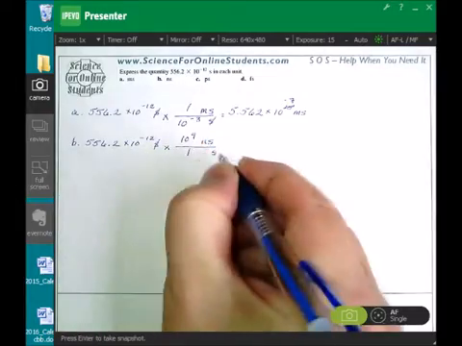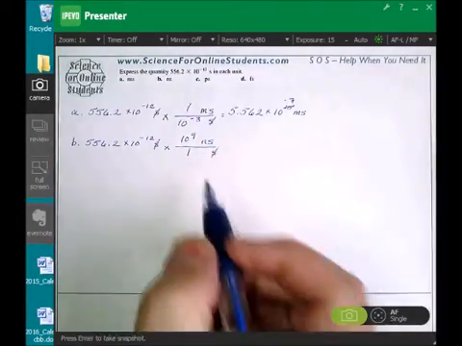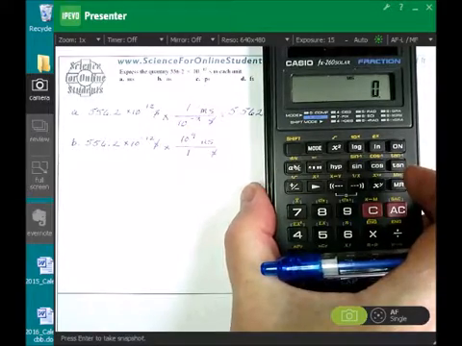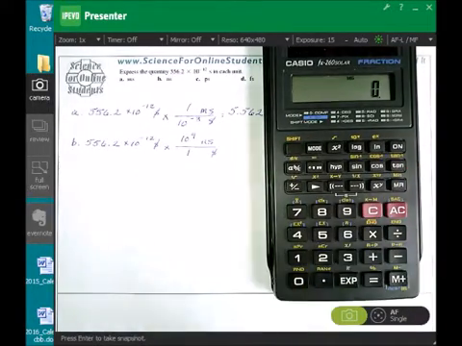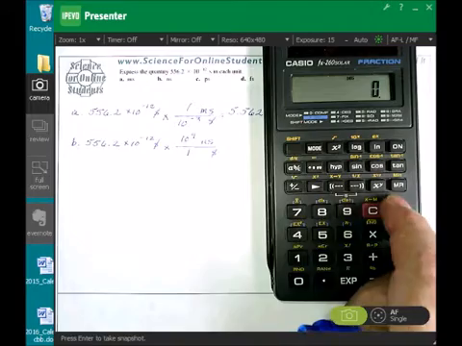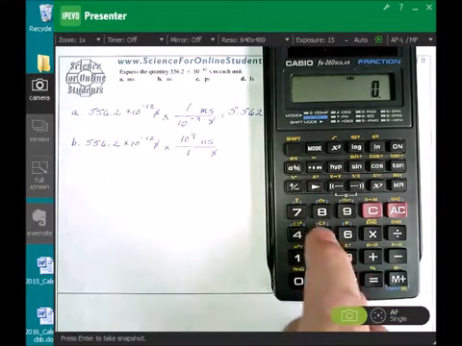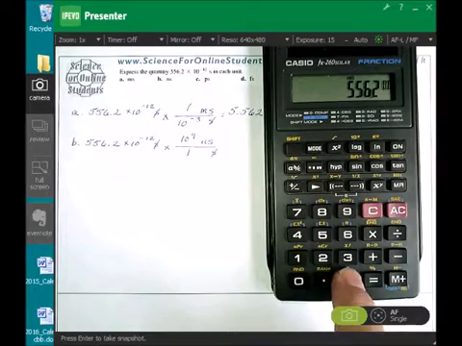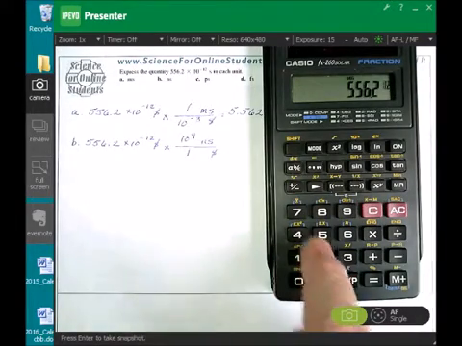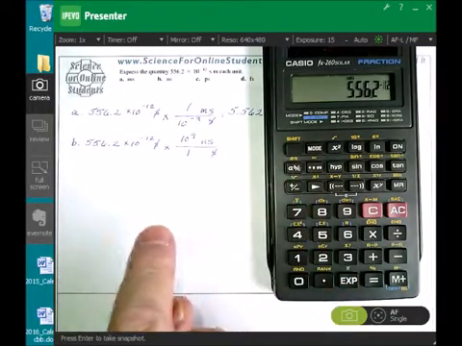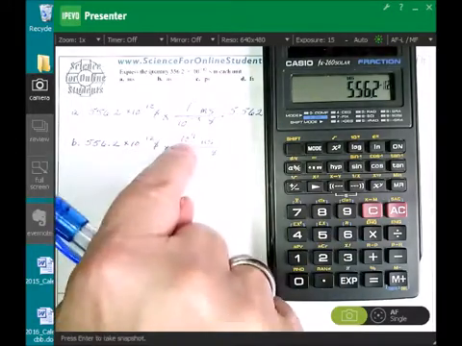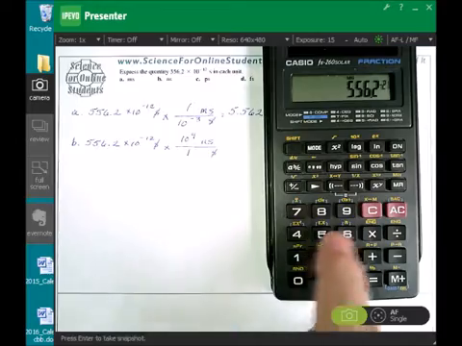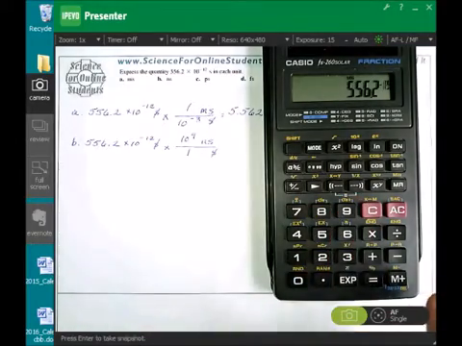Seconds will cancel. My units will be nanoseconds. Now, looking at it from the side over here, let's see if I can put it in correctly this time. 556.2 times 10 to the negative 12, multiply by 1 times 10 to the 9th.